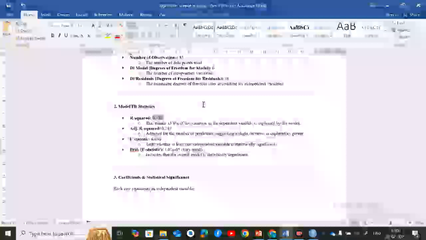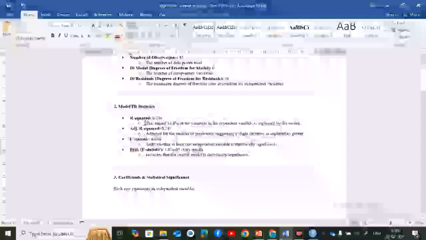Here we are using multiple linear regression, which captures this R squared as well. So it means 33.8% of the variation in the dependent variable is being explained by the model.